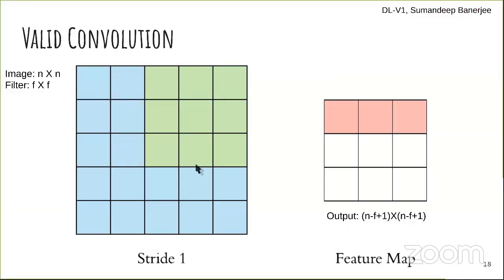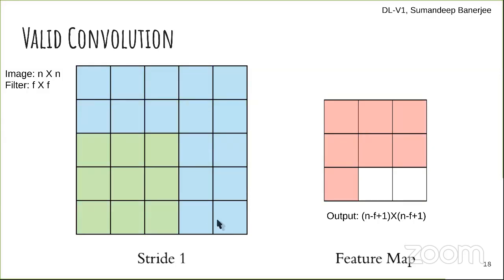Okay, so some basic concepts of implementing convolution before we go on to building a convolution neural network. There's a concept called a valid convolution. When you apply a kernel filter, the image is n by n, or in this example, 5 by 5.